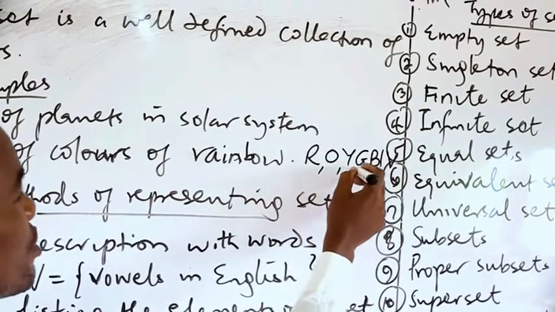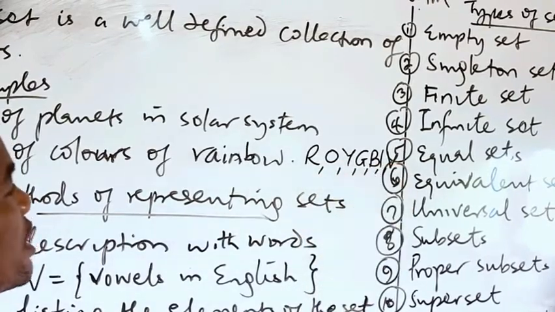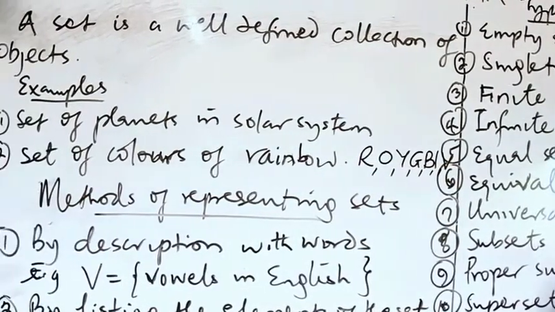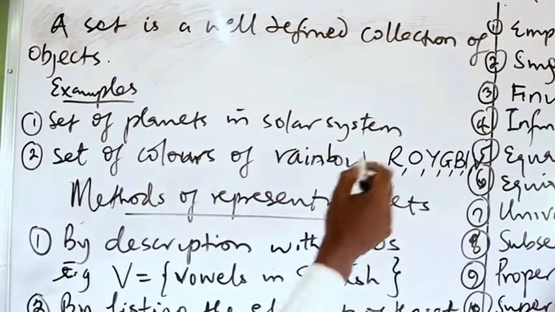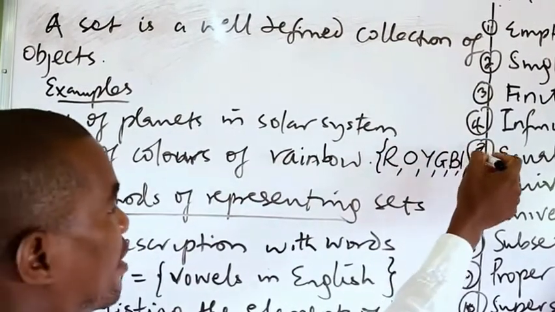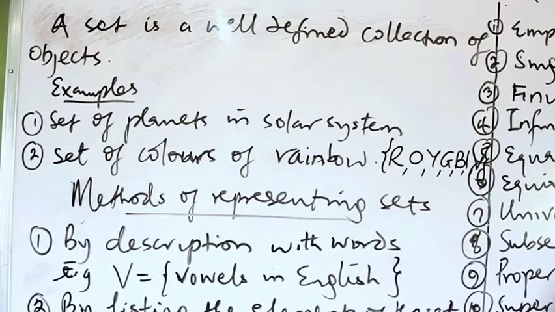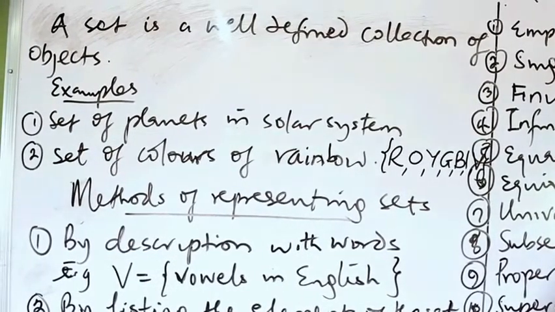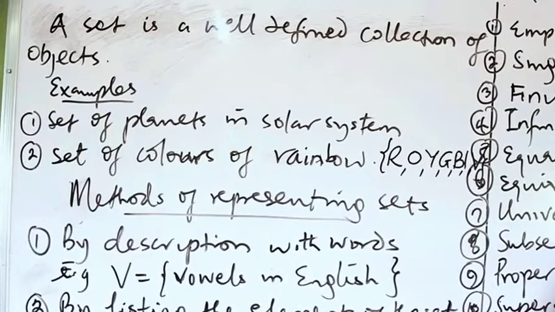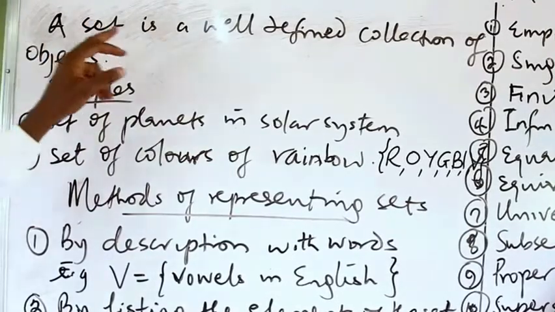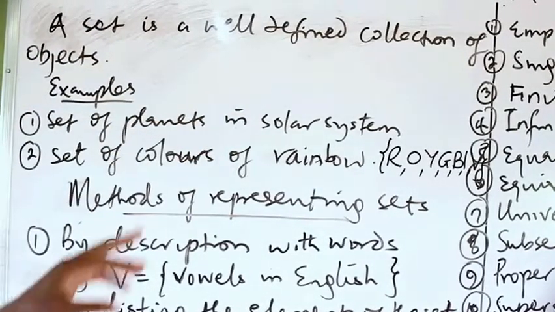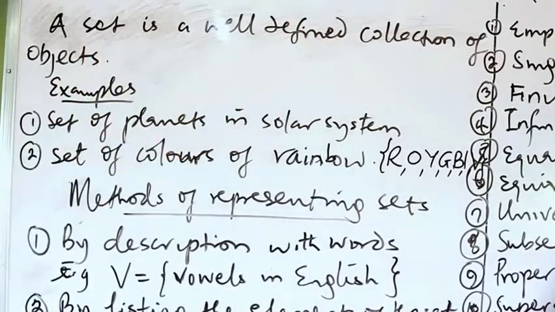These colors make up the set called set of colors of rainbow. All these are well-defined things that we know. And these are examples of set. And so that's the reason why we say set is a collection of, or is a well-defined collection of objects.